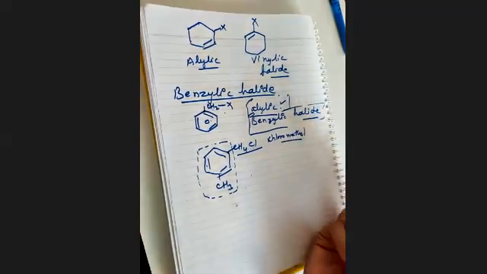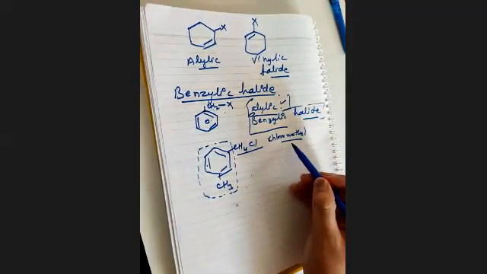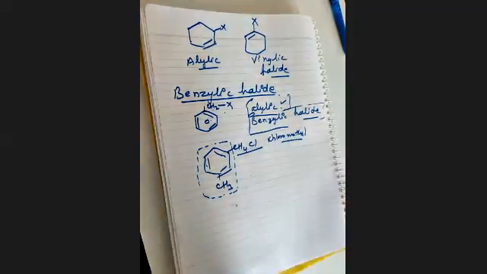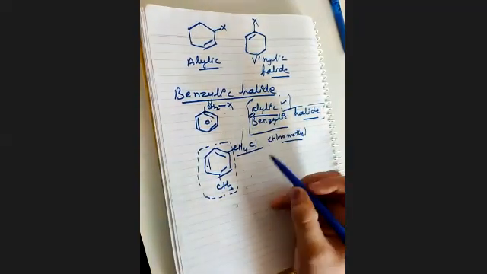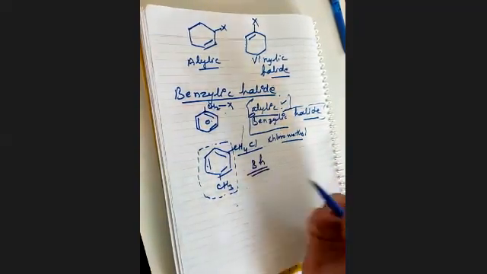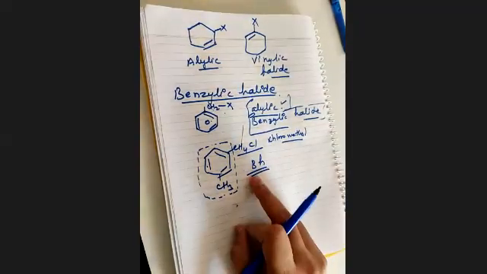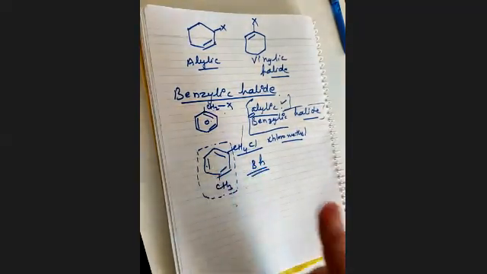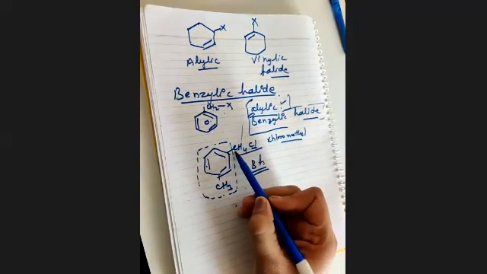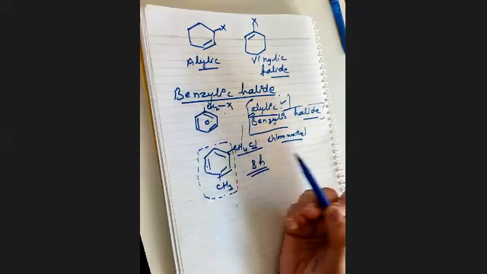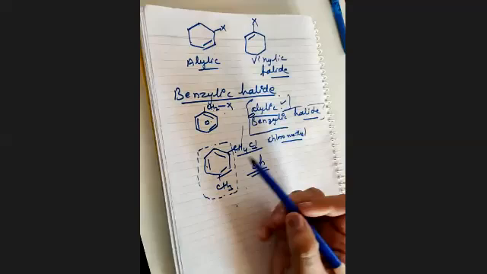So this is the nomenclature: chloromethyl toluene. But this actually falls in the same category of benzylic halides. Why? Because see, this halide is attached with the next carbon atom to the double bond.